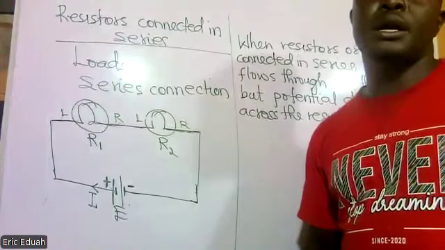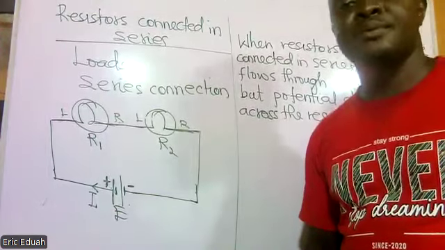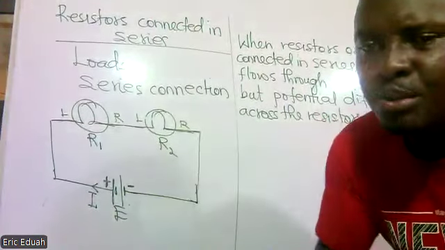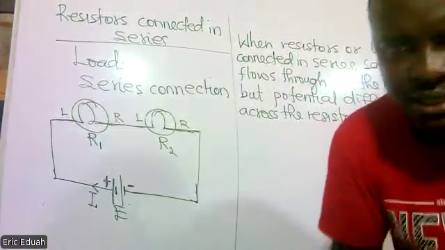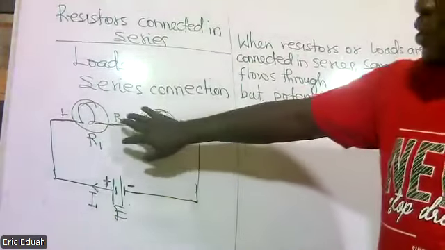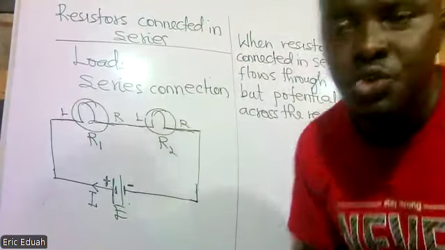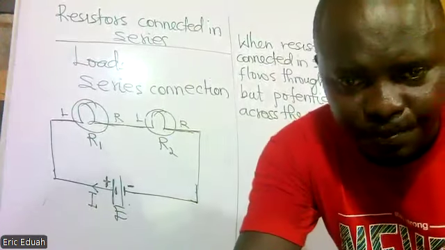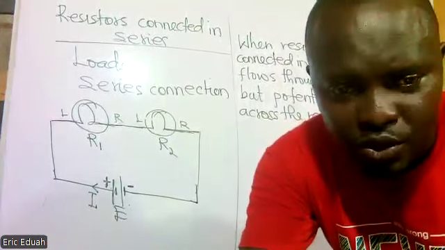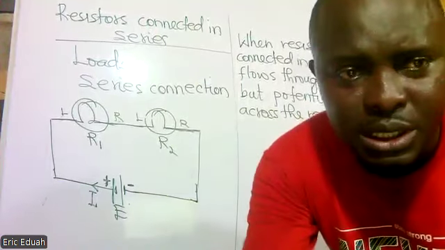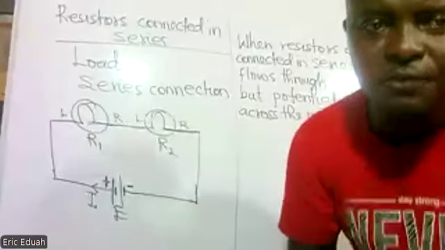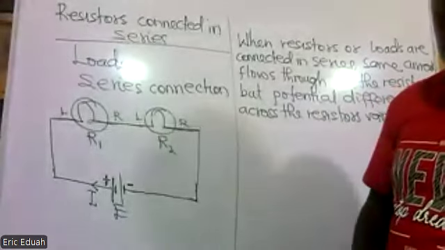It is like you may eat so much, but because you are connected in series, you'll be given equal food no matter your food intake. You get the same amount of food. This is because of the series connection.